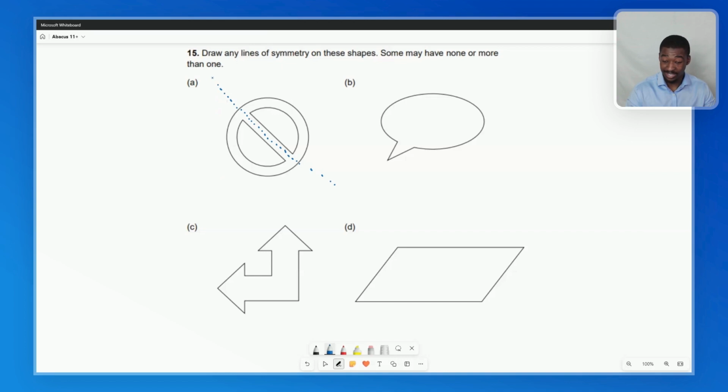Line's not perfect, but you can see here, this is our first line of symmetry, because if we were to fold this part over this line I've drawn, you can see there will be no overlaps. This section here would perfectly line up with this section here, and therefore it's a line of symmetry, right? It's almost like you're drawing a line where each side is a perfect reflection of the other.